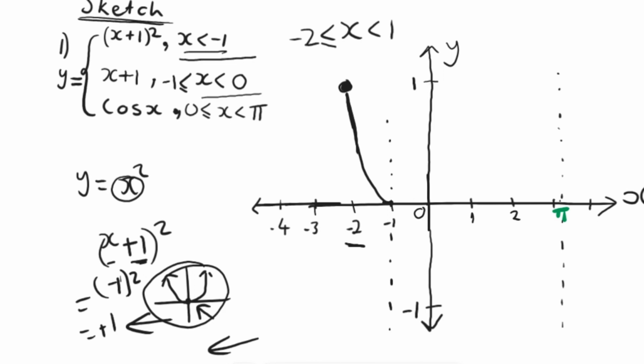Let's look at the next function, that is x plus 1. Now x plus 1 is just a function of x, a straight line, but you must shift it 1 unit upwards. Shift it 1 unit upwards, or shift it 1 unit to the left. Remember, when you replace x, you replace it with x plus 1.